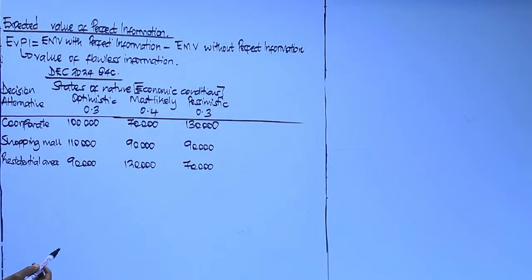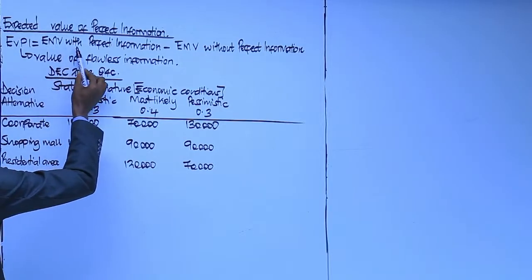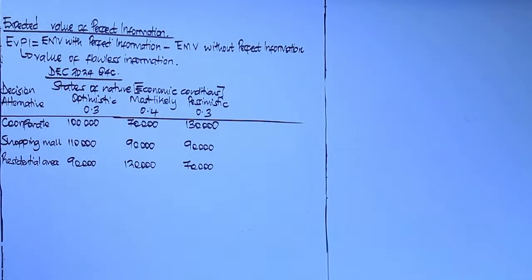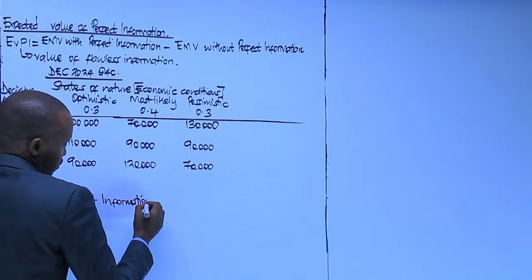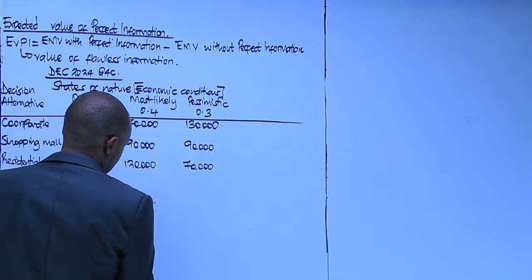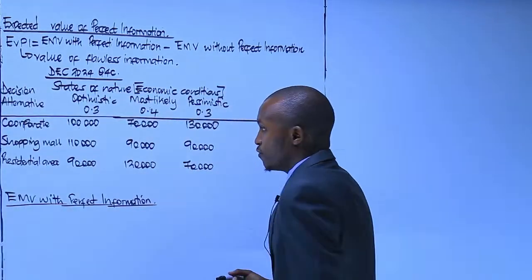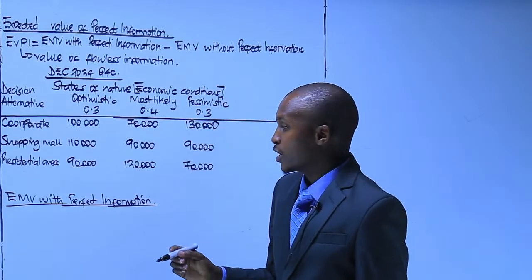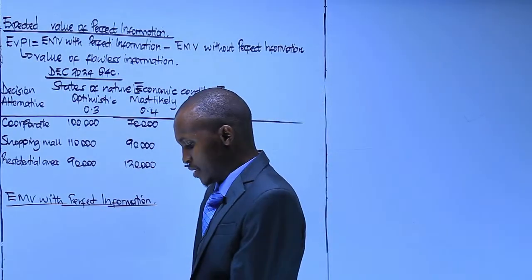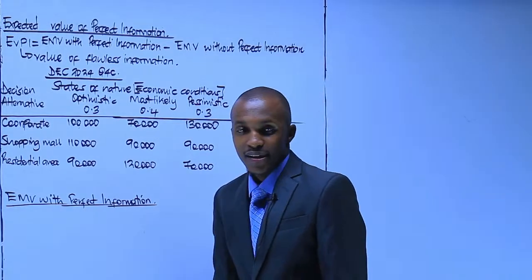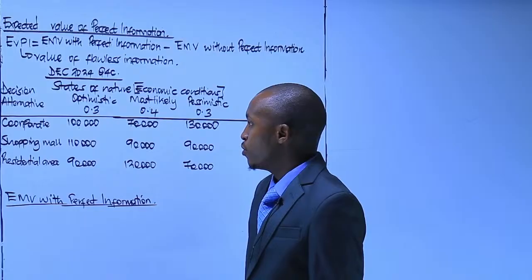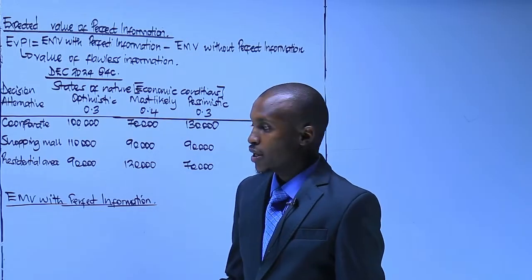Now that we have drawn our payoff table, let's determine our expected monetary value with perfect information. It will require that you select the highest payoff for each state of nature.